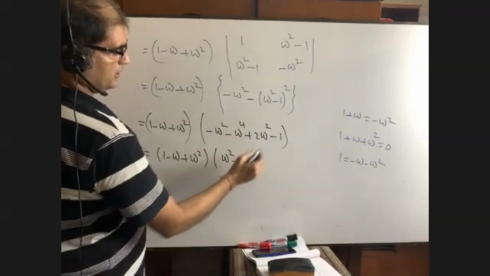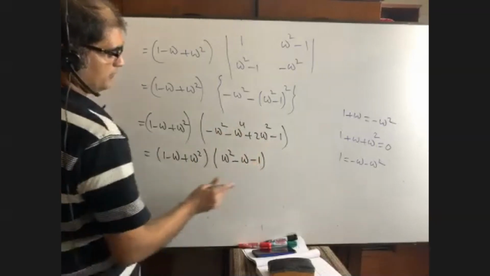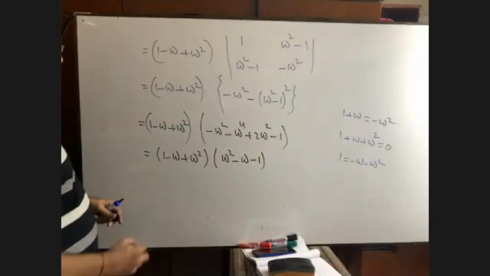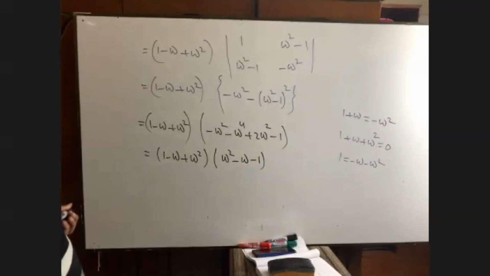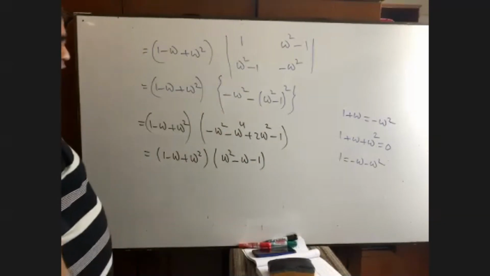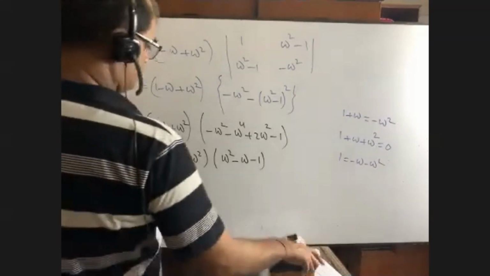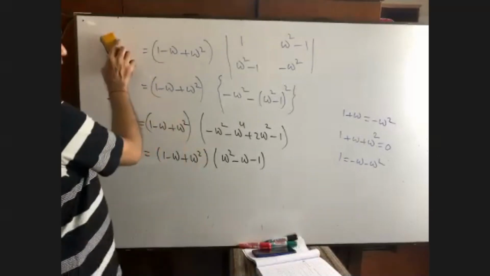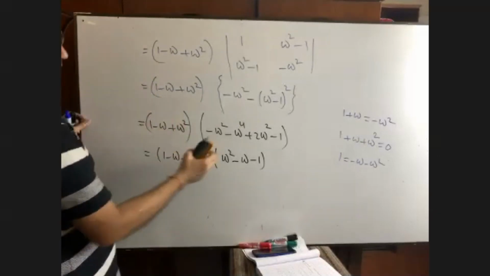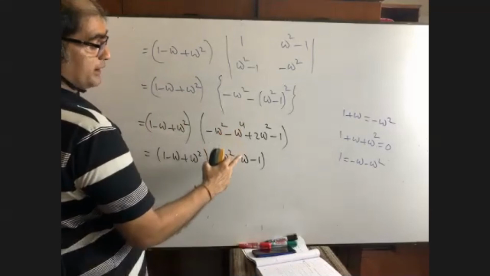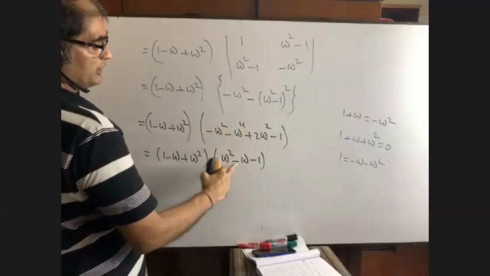Omega, that is minus 1. Is it? Talk to me. Yes, sir. Okay. Omega 4 means omega cube into omega, right? This is plus omega square minus omega minus 1.